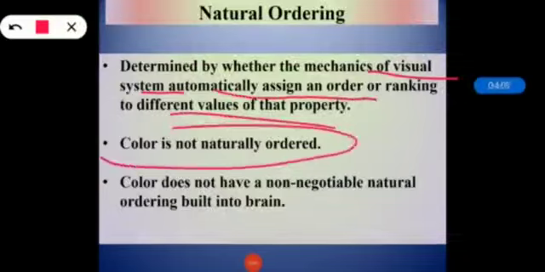Brightness, lightness, luminance, intensity, everything is different in every color. We have strong social conventions about color, ordering by wavelength in the physical world. But color does not have a non-negotiable natural ordering built into the brain. So the misuse of color to imply order is rampant, and it is a common trap. So we can say that color is not a naturally ordered thing.